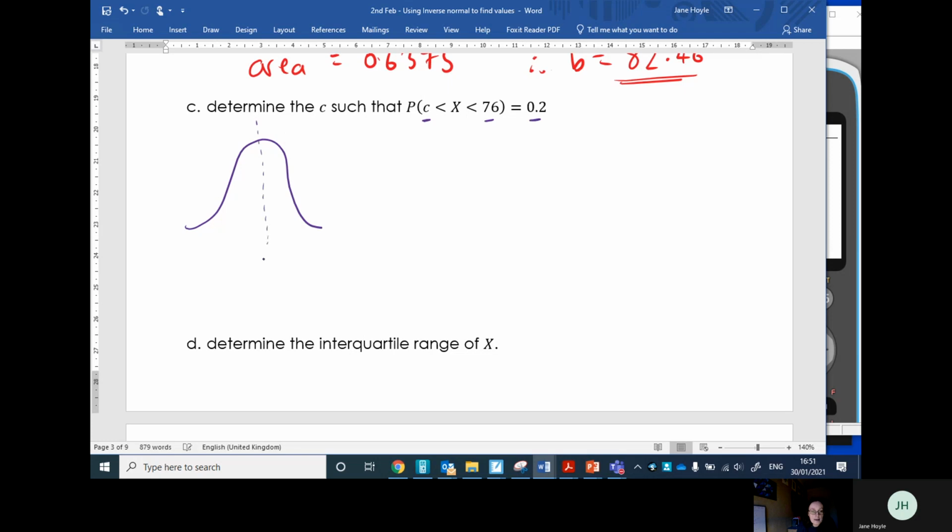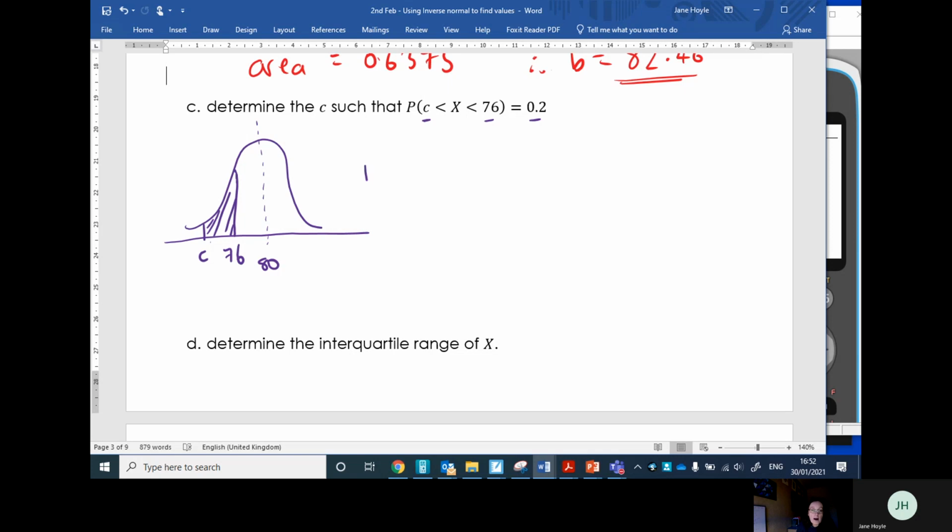There is my axis. 76 is going to be to the left-hand side. Let's just draw a vertical line. There is 76. C is going to be below that. Let's put it there. I want that area there to equal 0.2.